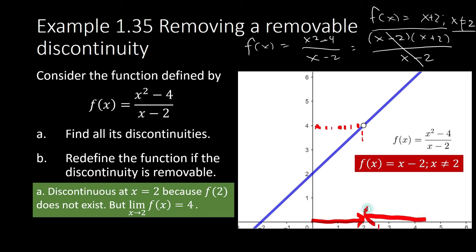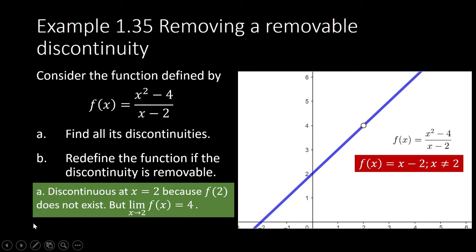When x approaches 2 from the right, still it approaches the value of 4. And so the one-sided limits are equal. And what is that telling you? The limit exists as x approaches 2, and it is equal to 4. So right away, you know what type of discontinuity this is. This is a removable discontinuity. You can repair the function so that it becomes continuous when x is equal to 2.